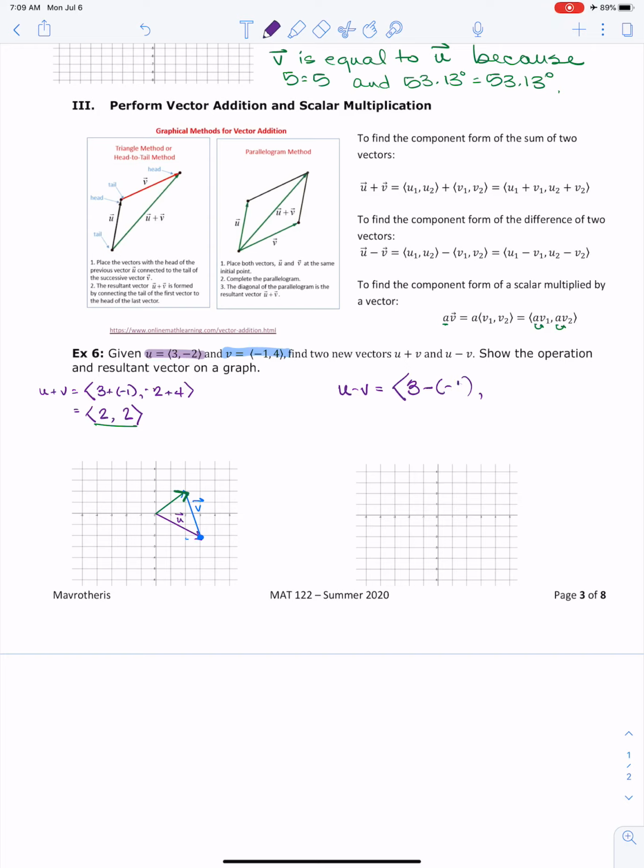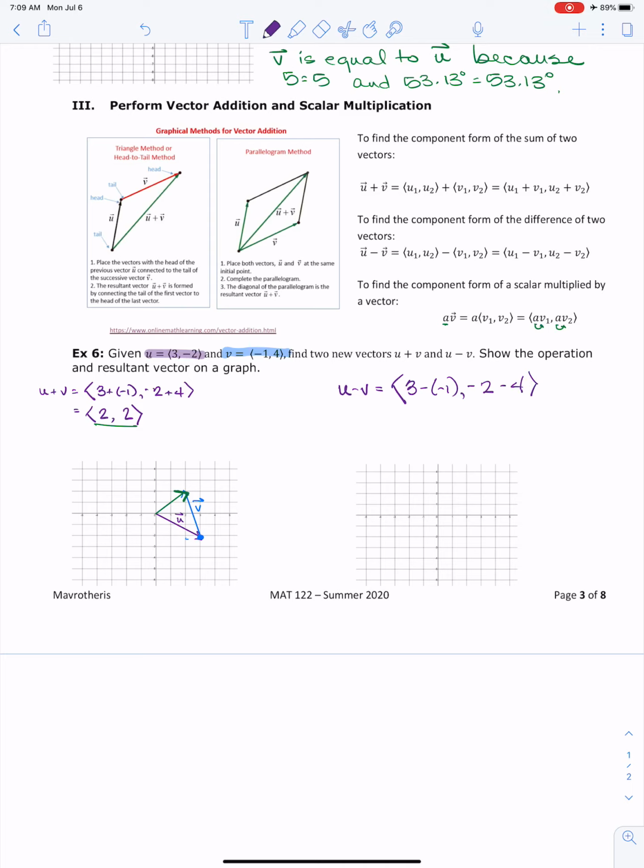Sometimes you say something, you know it's not right, but you can't stop yourself. And we're going to back way up and do that again. There's nothing wrong, just bothered me. So we're going to subtract the x components, 3 minus -1. We're going to subtract the y components, -2 minus 4.